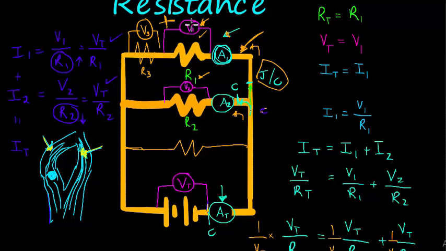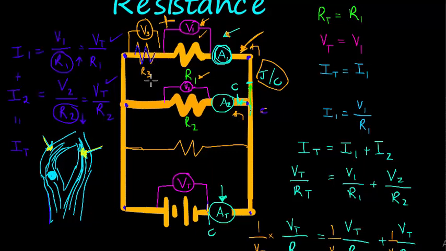Because voltmeter readings in parallel are equal to the total voltage, but these two are now in series. If I were to take the potential difference between this point and that point, I am definitely going to have the same reading as over this point and that point. I'm sorry, I might be confusing you now.